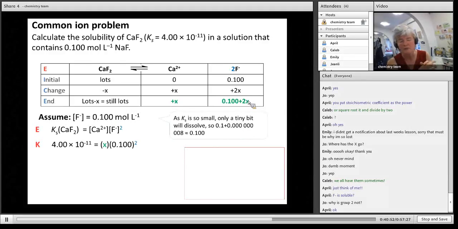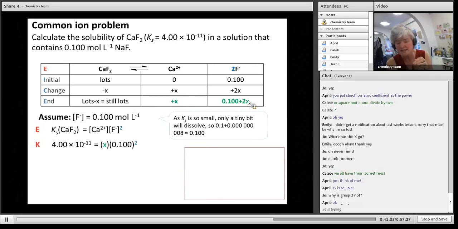So as an example, all aluminium salts are insoluble because aluminium is a tiny ion and it's got a +3 charge. So it is going to be very strongly attracted to the anions, and water is not going to pull it out of there.